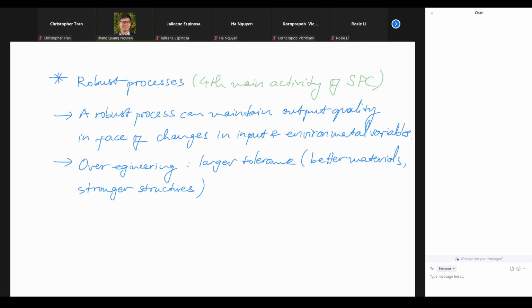Then the process, the building, things like that can tolerate more impact from the environment or from the inputs. As a consumer, sometimes we break this or break that, but if they build it in metal rather than in plastic, or other things, the products can withstand more force. So we call that larger tolerance.